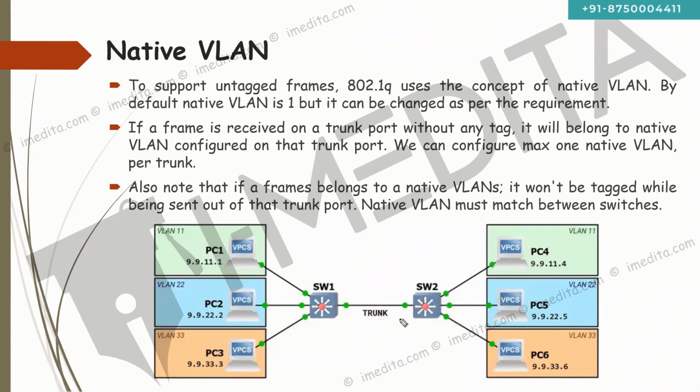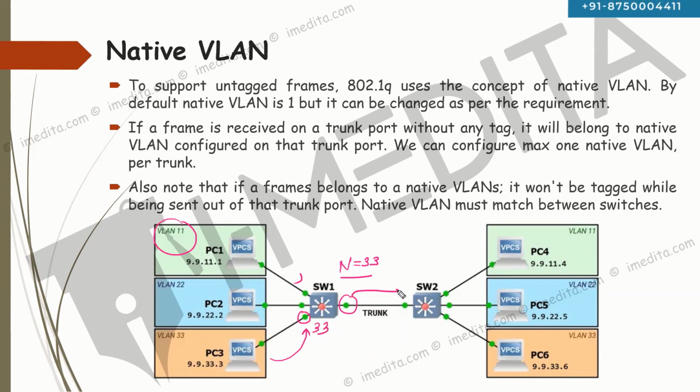Again, repeating. Onto this trunk link, I have configured VLAN 33 as the native VLAN. Data arrives onto this port. Data belongs to VLAN 11. Data will be tagged and sent. Traffic arrives onto this port. Data belongs to VLAN 22. Data will be tagged and sent. But when the traffic arrives onto this particular port, this port belongs to VLAN 33.